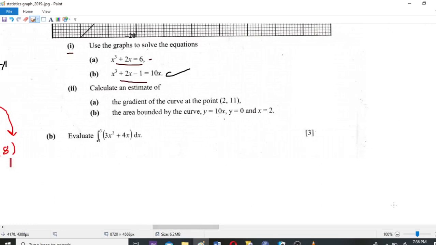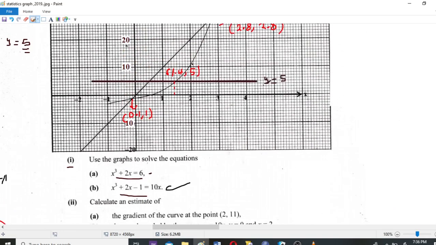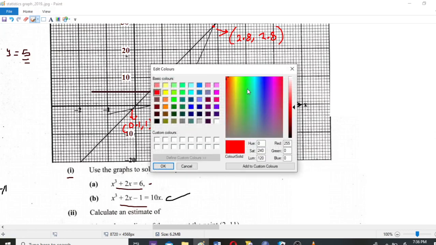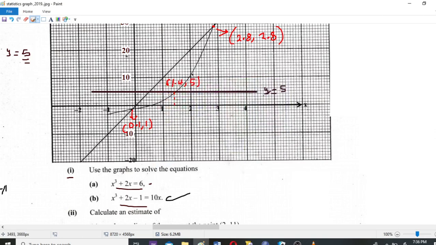So the point is 2 comma 11. Let me use a different color again so that you'll be able to see. Let's use blue. So the point that we are focusing on is this one, 2 comma 11. Hope you're able to see it.